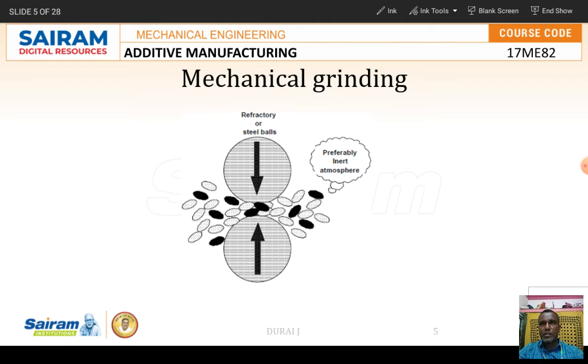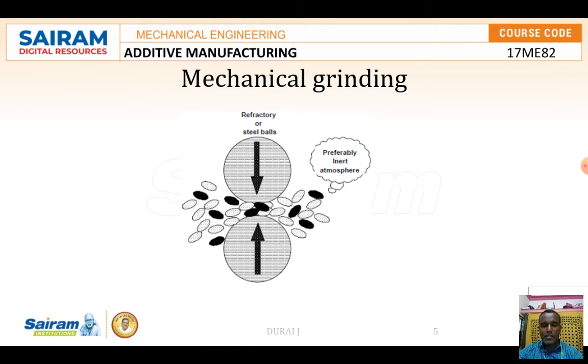Some problems may occur in mechanical grinding, that is, contamination from the milling media and or atmosphere. That is the major cause in mechanical grinding. Another is consolidating the powder product without coarsening the nanocrystalline microstructure.